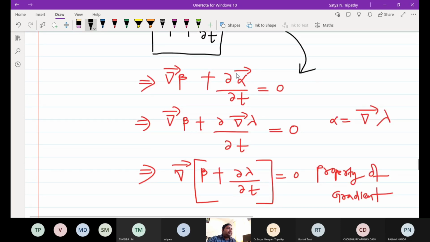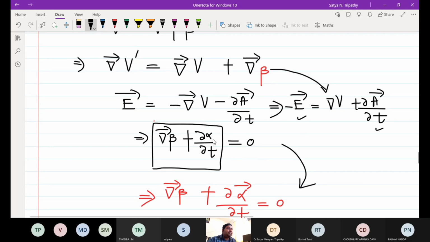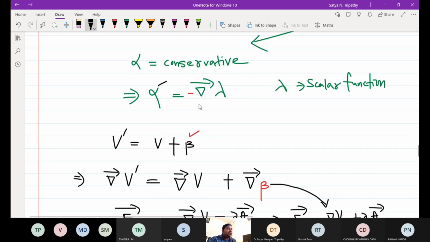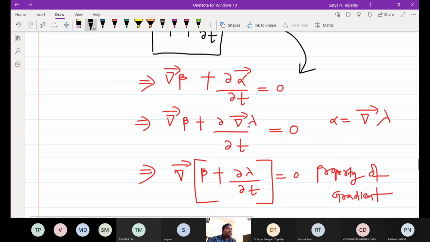And next, alpha I have converted; this alpha is the gradient of lambda. So I put gradient of lambda. Grad and d by dt are interchangeable, so I interchanged them on this side. This is like taking d by dx of a plus b; it is similar to that. This is not a big issue, right? So this is their gradient, and I added them in this format using the property of the gradient.